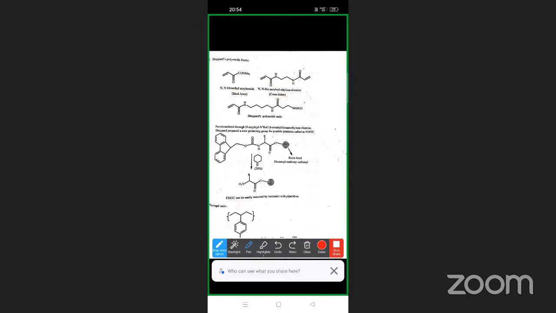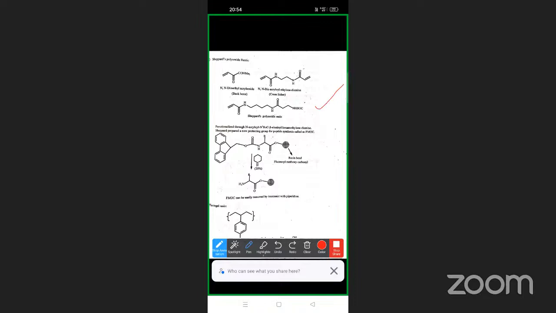This cross linker is attached with this backbone, and the combination of these two forms the polymeric structure, Sheppard's polyamide resin.